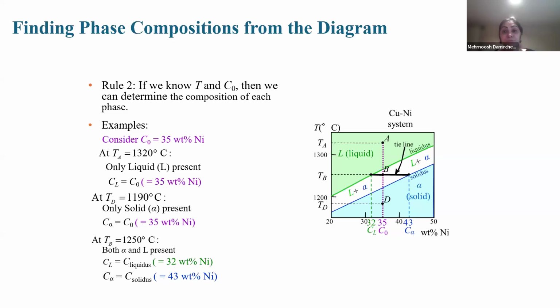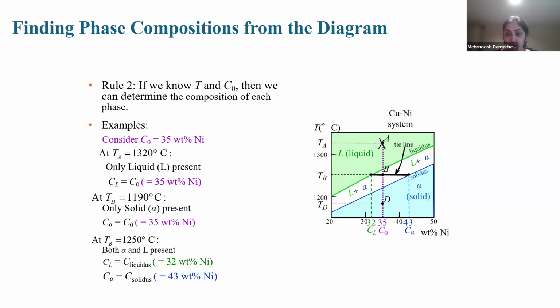Rule 2. This slide explains rule 2, which helps us to find the compositions of each phase when temperature and overall composition are known. For example, if the overall or average alloy composition C naught is 35%, and temperature is 1320, we reach point B, okay?